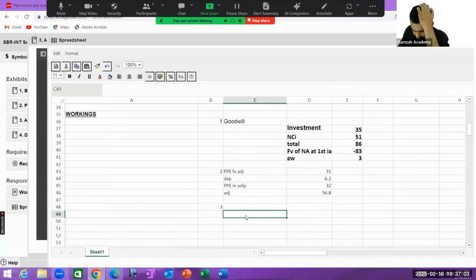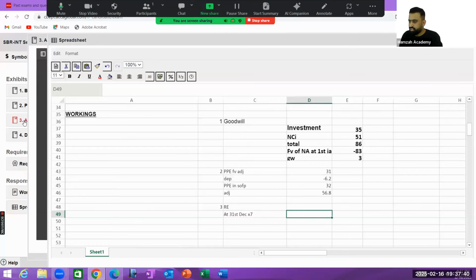First of all, working number three is relating to the retained earning. Now, in the above financial statement, the retained earning which we have in post acquisition needs to be worked out. We are doing the working on retained earning. So first of all, retained earning at the reporting date, 31st December X7. And we are talking about retained earning of the subsidiary company.